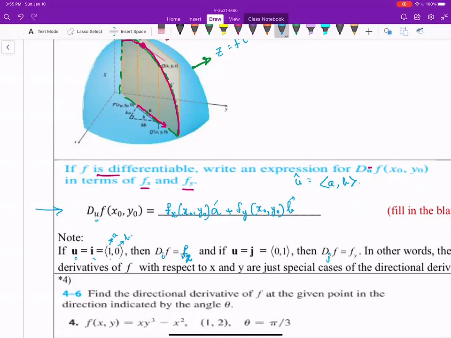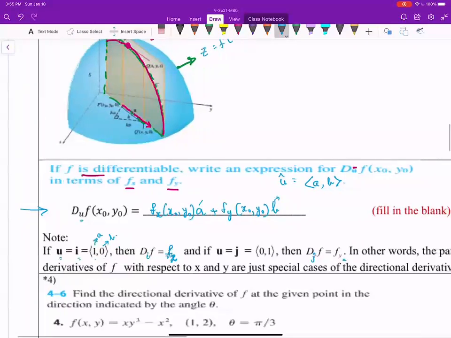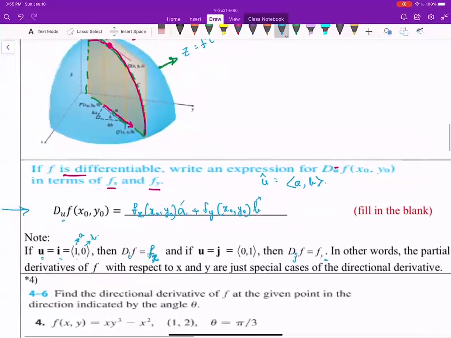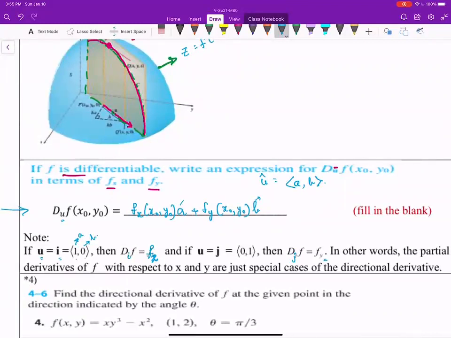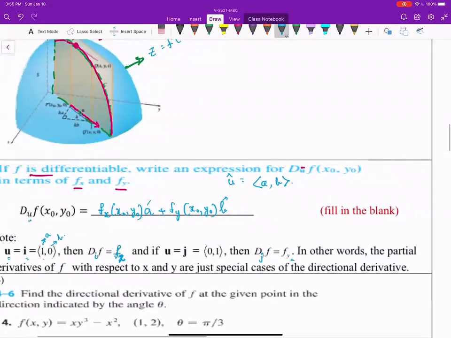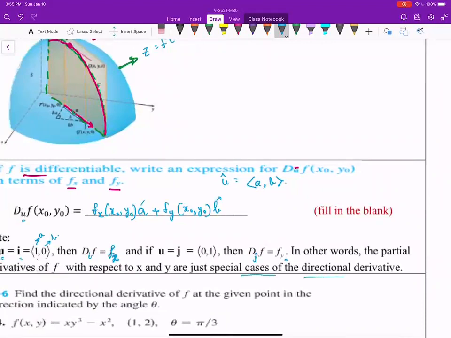Then the first expression becomes 0, and the second expression remains. So D_j f equals f_y. In other words, the partial derivatives of f with respect to x and y are just special cases of the directional derivative.